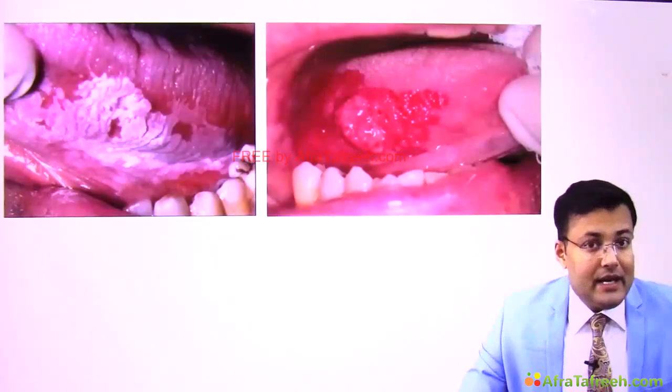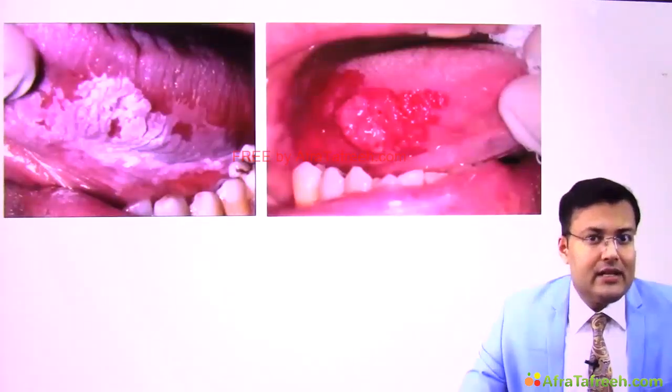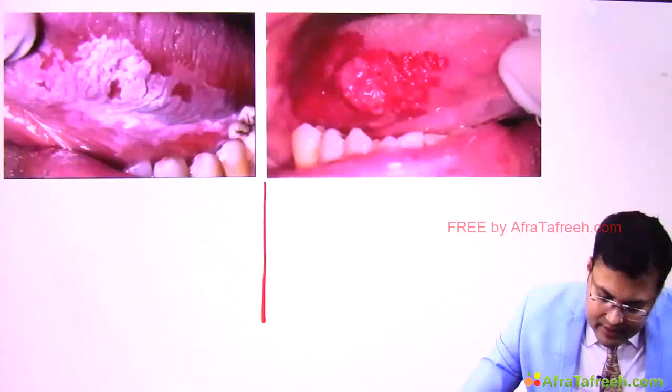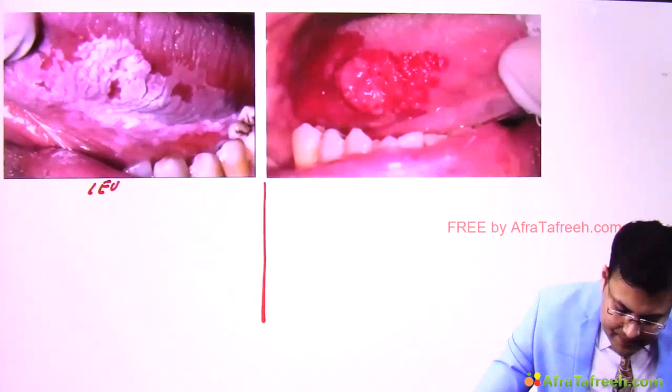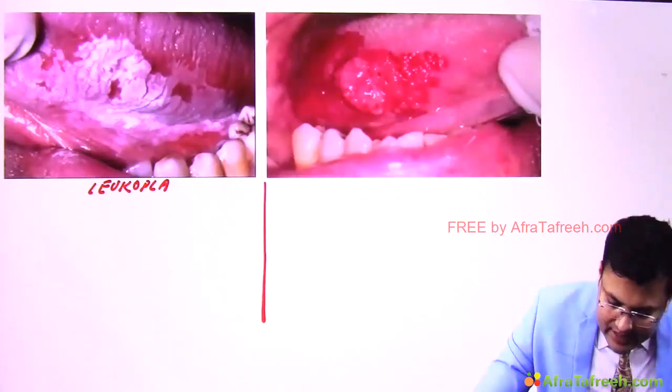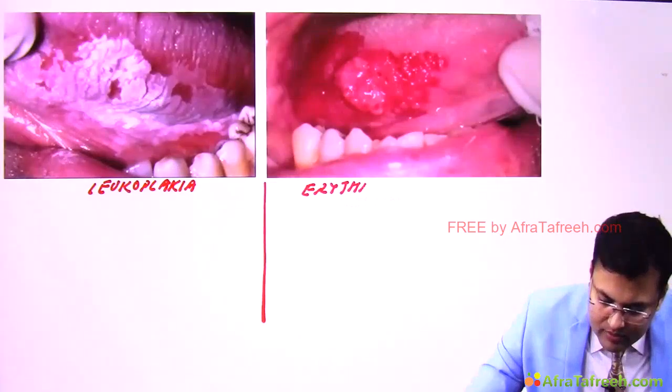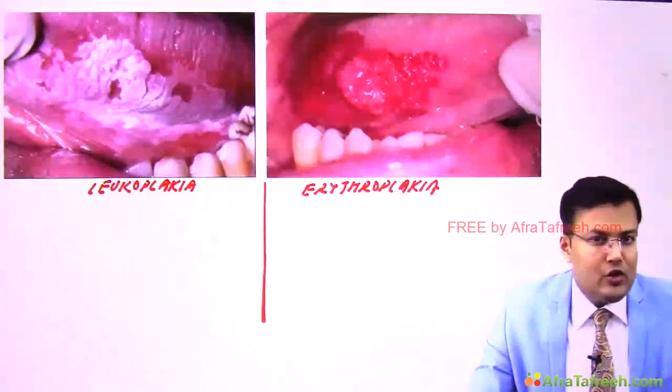This is very, very important as it is frequently asked. Let's see what are the differences between leukoplakia and erythroplakia. Okay, now see what is leukoplakia. Leuko means whitish.